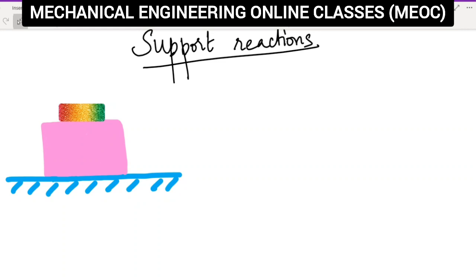Support reactions. Support reactions means reactions given by the support. Now for example, let us assume that on a floor there is one block and there is another block here. Let this be block say 1.